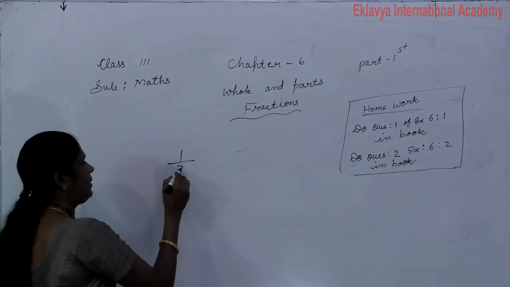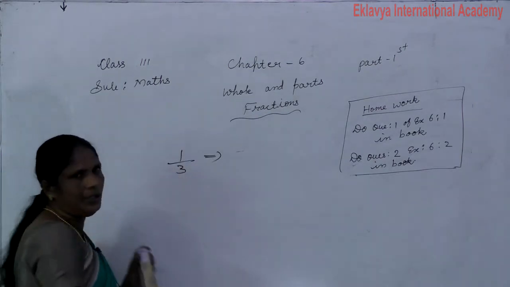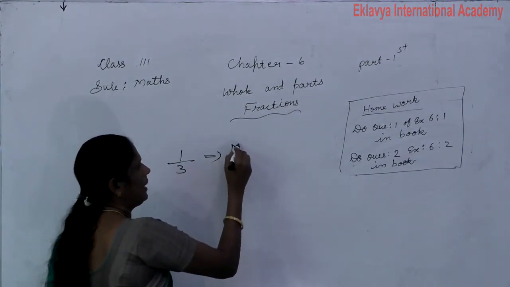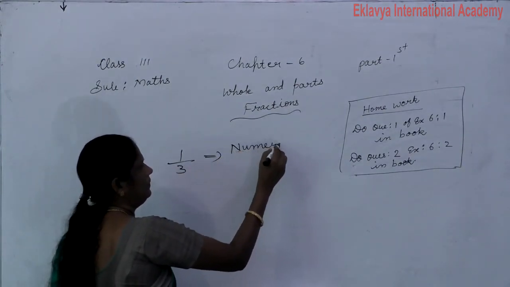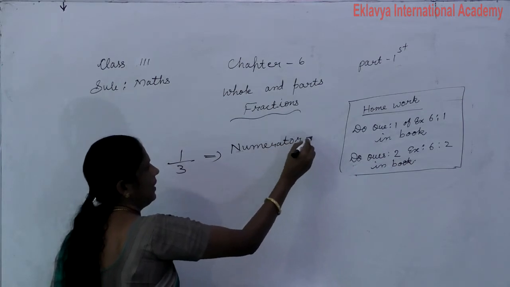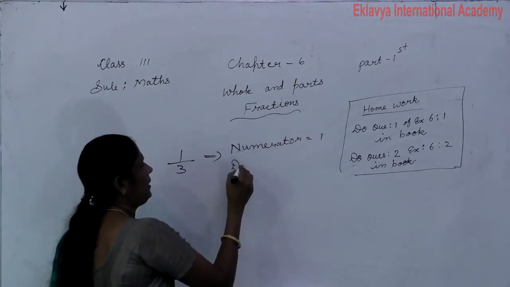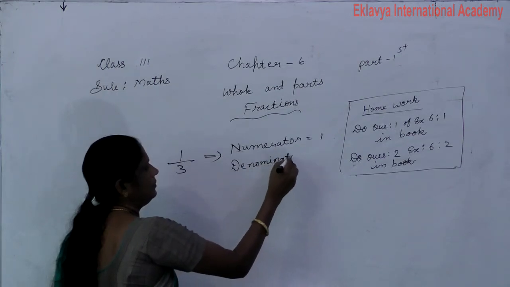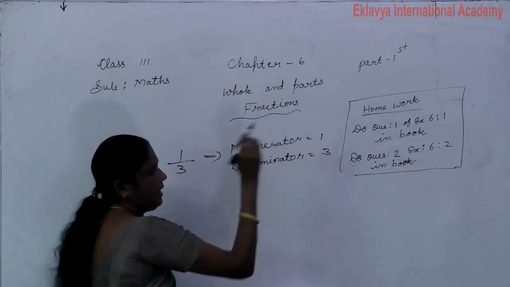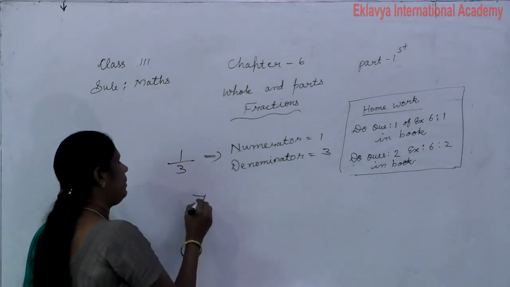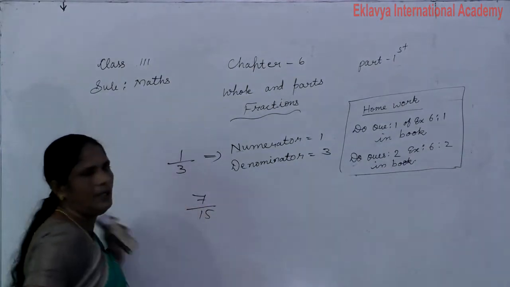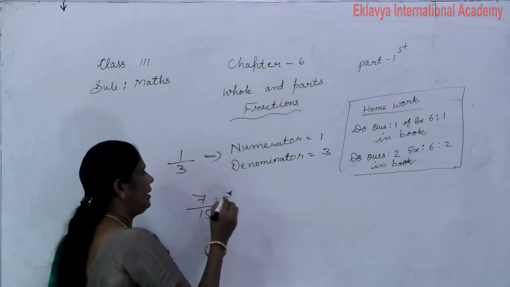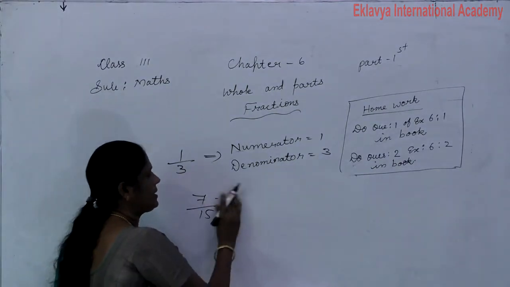Now write the numerator and denominator. Here 1/3. Which is the numerator and the denominator? Numerator is equal to 1. Denominator is equal to 3. 7/15. Which is the numerator here? 7 is the numerator.